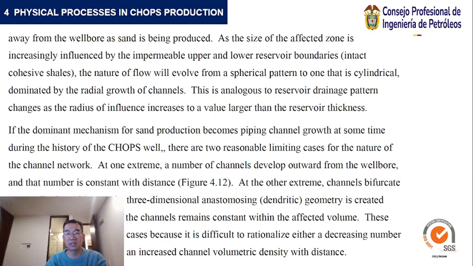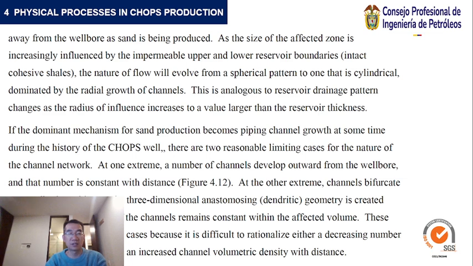At the other extreme, channels branch repeatedly and 3D geometry is created where the volume density of the channels remains constant within the affected volume.